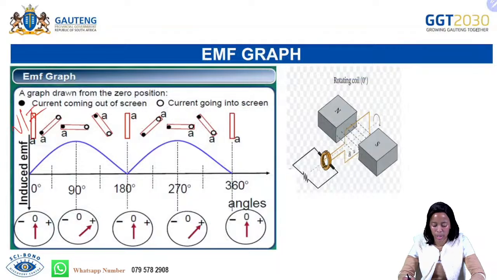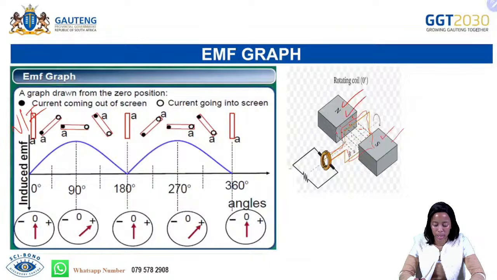So this represents the magnet, and as the magnet is rotated between the North Pole and the South Pole, we are going to have magnetic field lines, and those magnetic field lines are going to be running from the North Pole to the South Pole.